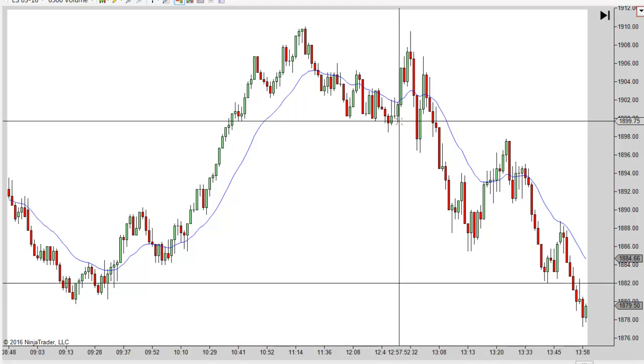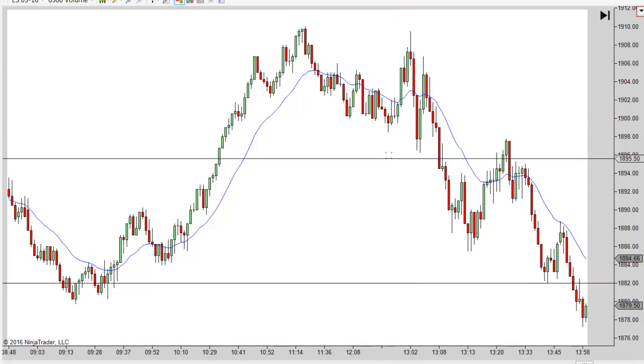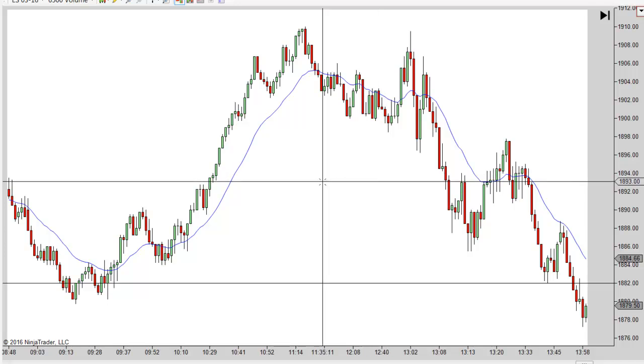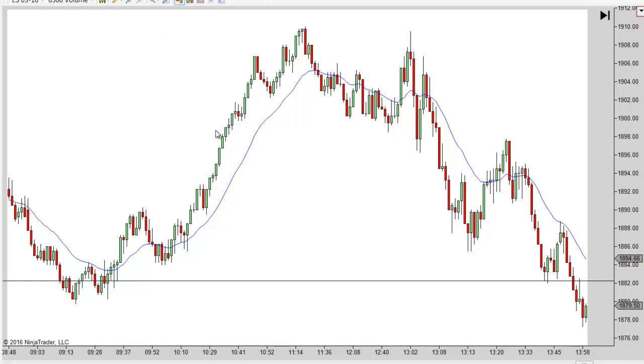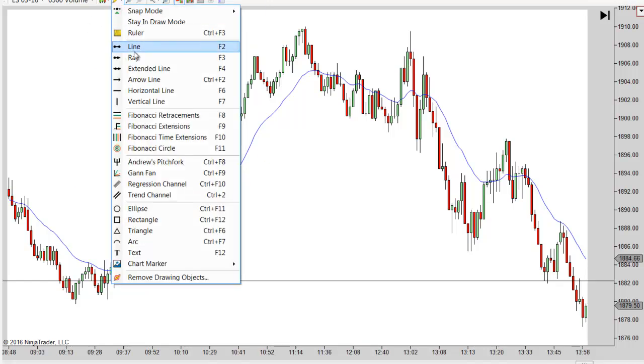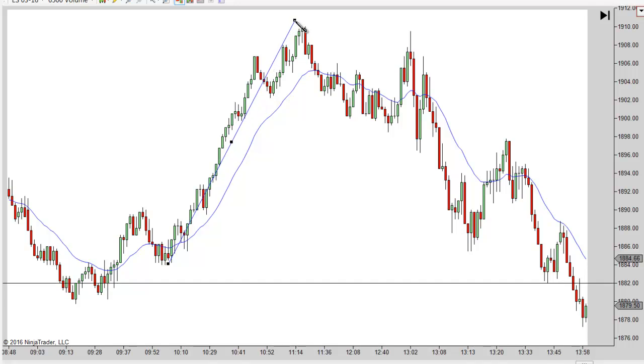So maybe they entered right here at 12:57. That's 1 o'clock, but that's into the news. So I'm really at a loss of what they're looking at. Let me just show you what I see right here and explain why you wouldn't. There's no failure. I mean, you really got a trend line that's working up right through here.